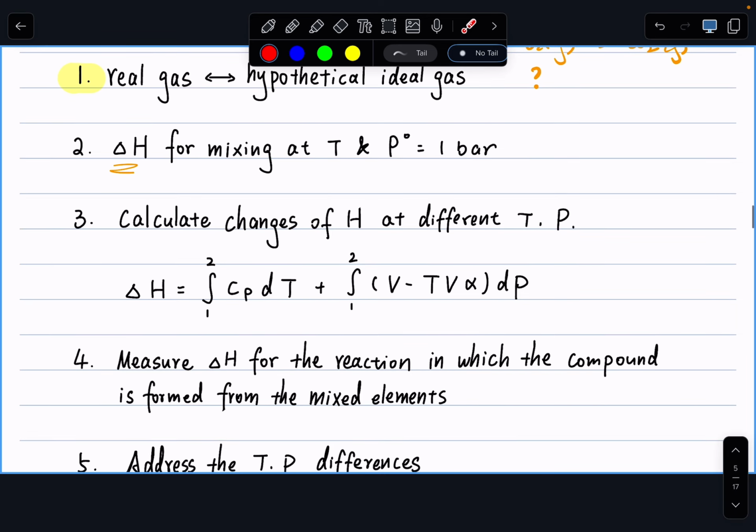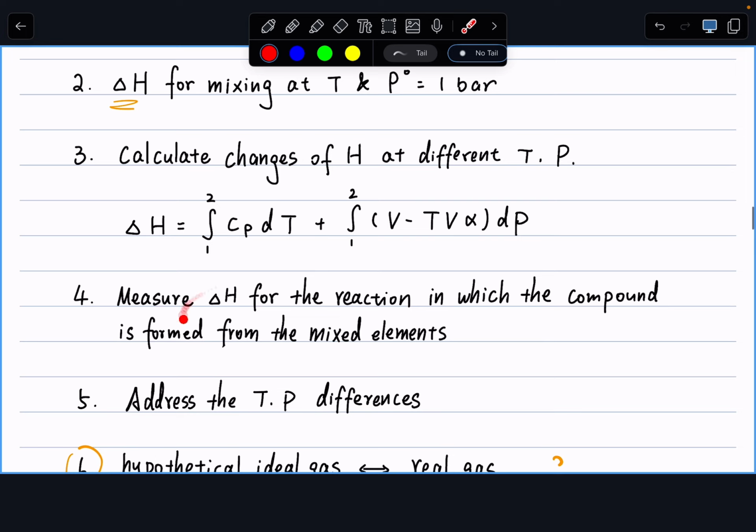And now thinking about it, we have this ideal gas, and for this ideal gas, we can calculate the change of enthalpy at different temperature and pressure. So you can bring the temperature and pressure to different values for ideal gases. This is something we know how to calculate. And later on, we can measure delta H of the reaction in which the compound is formed from the mixed elements.